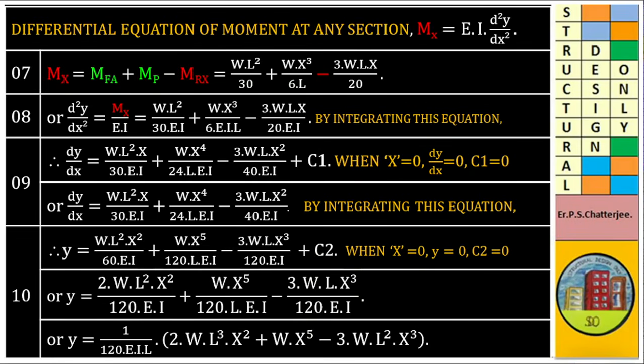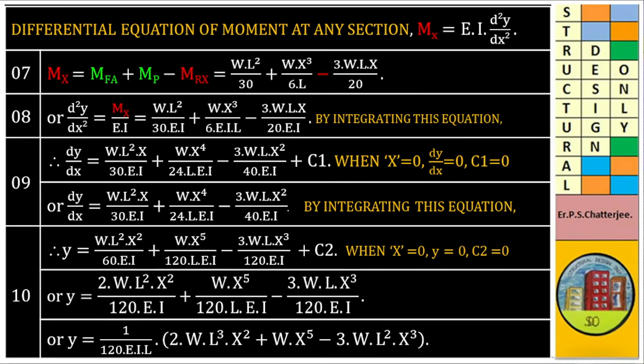When x is equal to 0, dy by dx is equal to 0 and C1 is equal to 0. Therefore the equation becomes dy by dx is equal to W L square into x divided by 30 EI plus W x to the power 4 divided by 24 LEI minus 3WL x square divided by 40 EI.